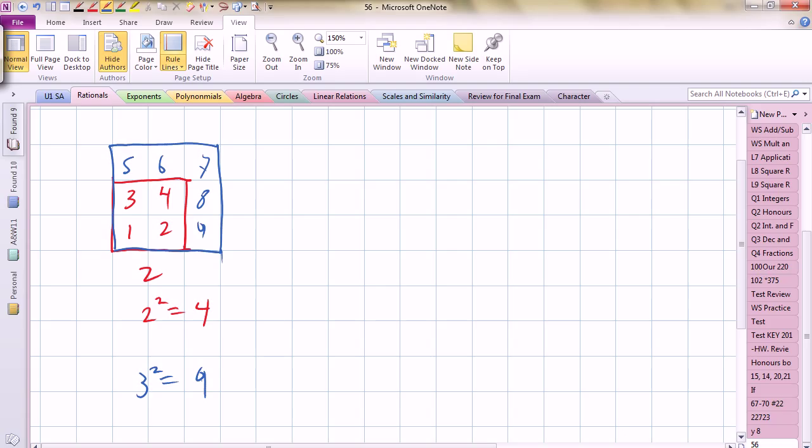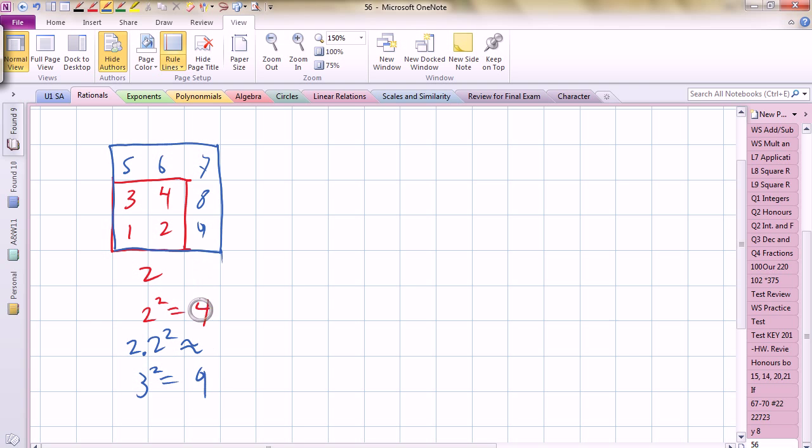Now, what if we had something like, I don't know, 2.2 squared? What do you think that would approximately be? No, notice how I wrote this? Not 4 point something.